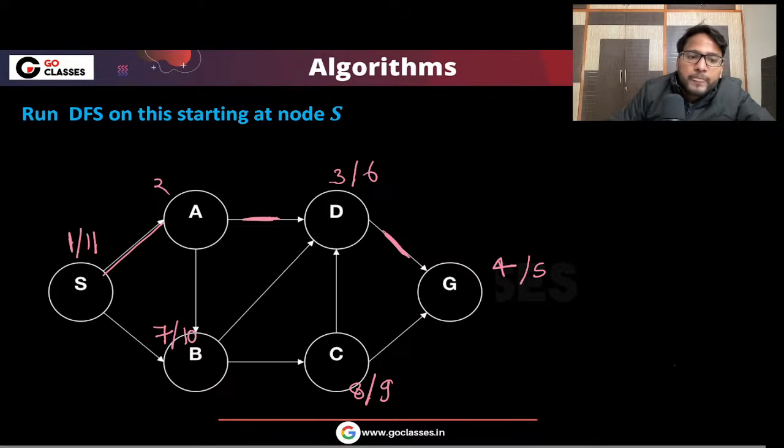Now there is also something called DFT. DFT means depth first tree, which means if you are going from S to A first, then you write S to A. From A, this is 2, this is 3.